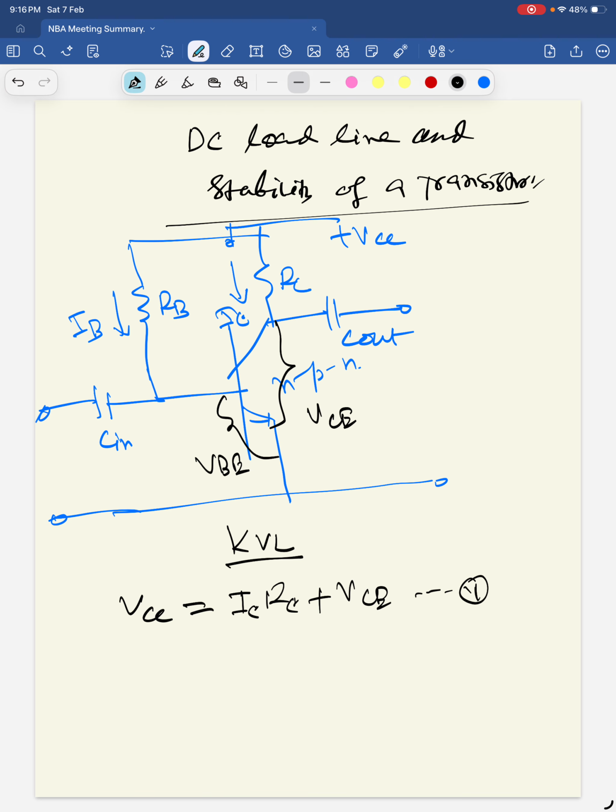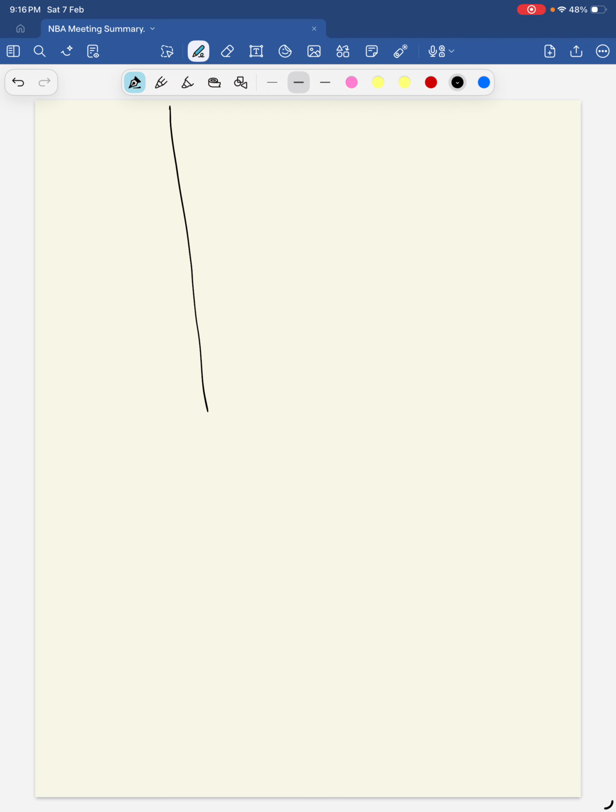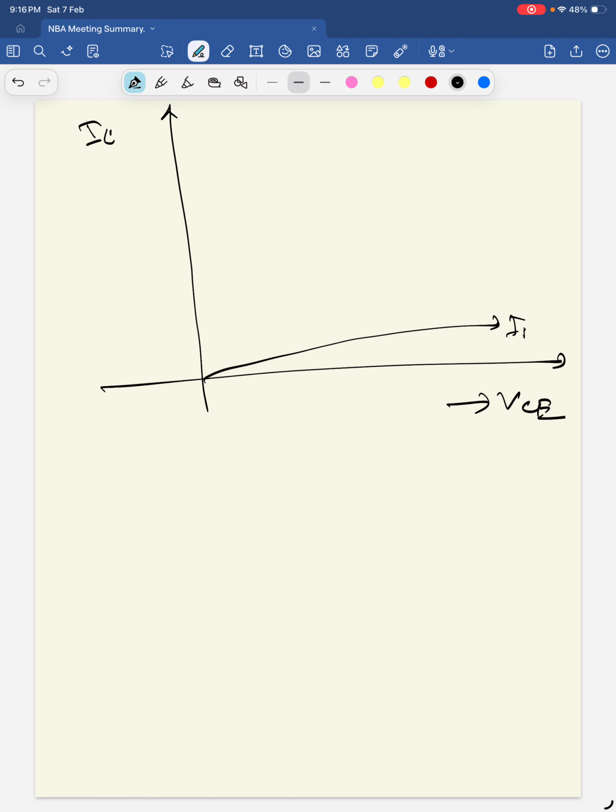Now we'll draw the output characteristics of common emitter configuration. In this direction, it should be VCE. Along y-axis it should be IC with different IB. Suppose this is IB is equal to 0 microampere. As we know, base current is very less, it is in the order of microampere.